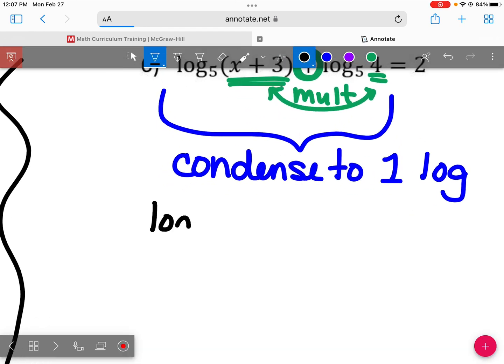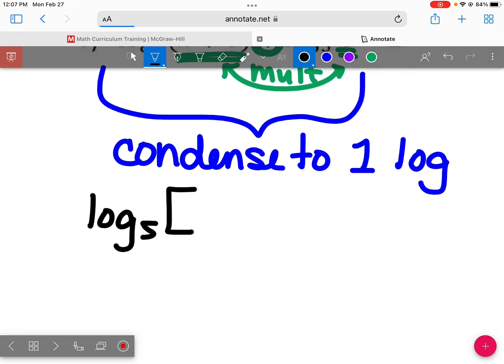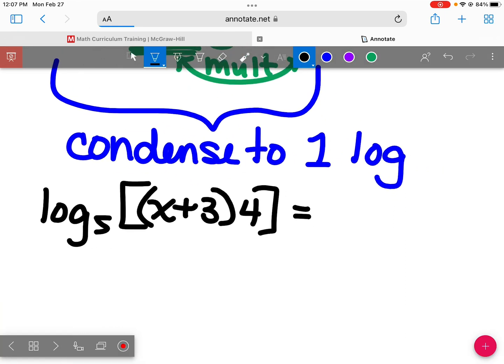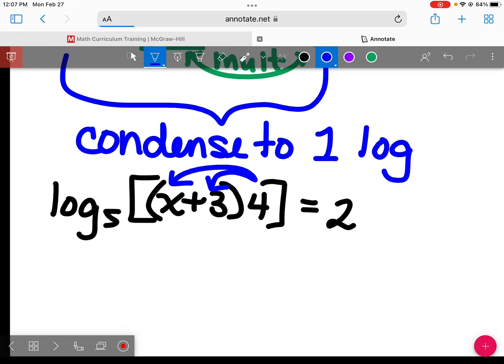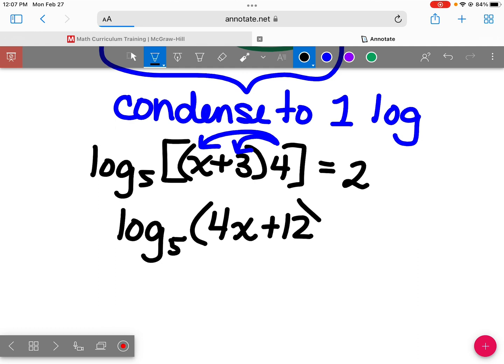4x plus 12. Yep. I'm going to write it down like this first, just so we can see all these pieces. I distribute my 4 here. So I have log base 5 of 4x plus 12 equals 2.